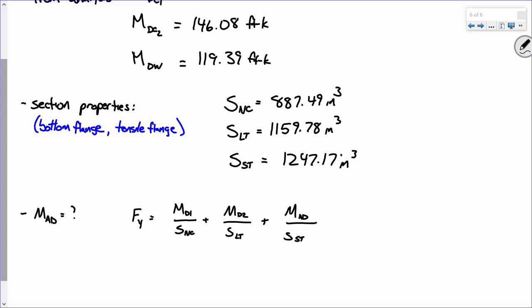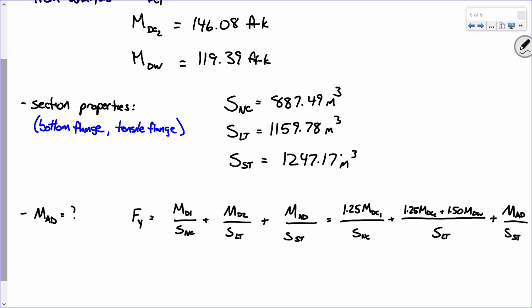This is going to equal 1.25 MDC1 over SNC plus 1.25 MDC2 plus 1.5 MDW plus whatever additional moment is required on the short term.